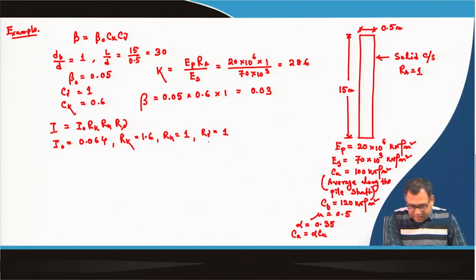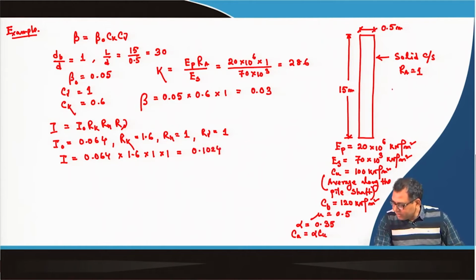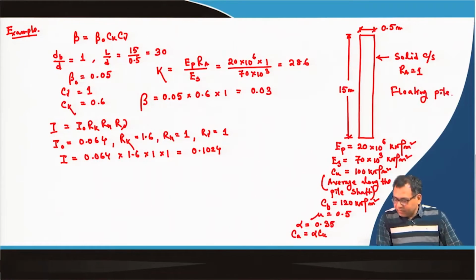So, we can say that the I value is equal to 0.064 into 1.6 into 1 into 1, and that is equal to 0.1024. Because this is a floating pile, this is the information given, and based on that we have determined these values.